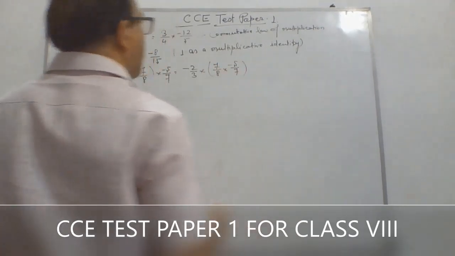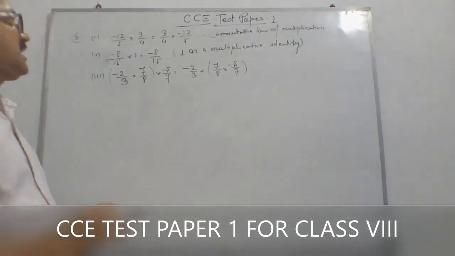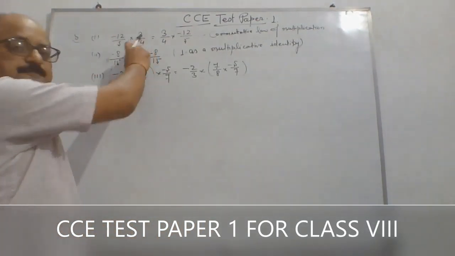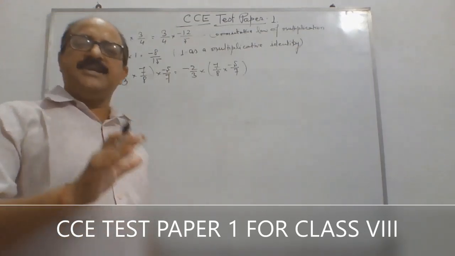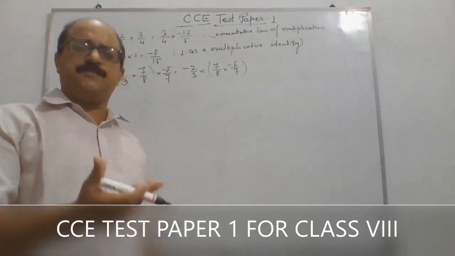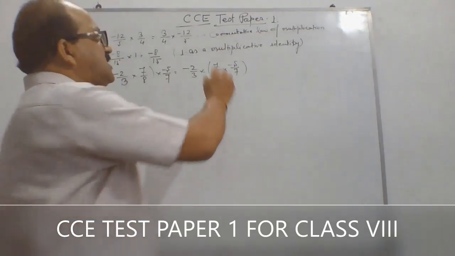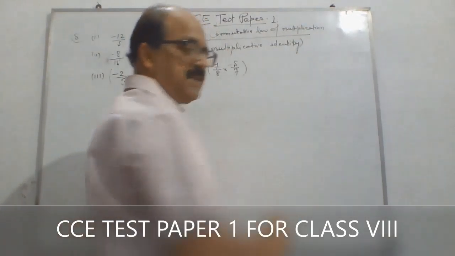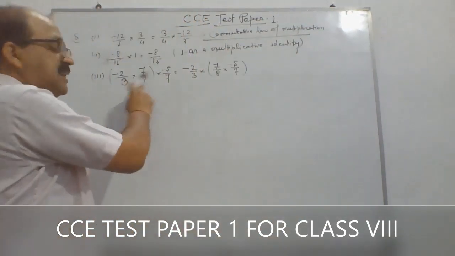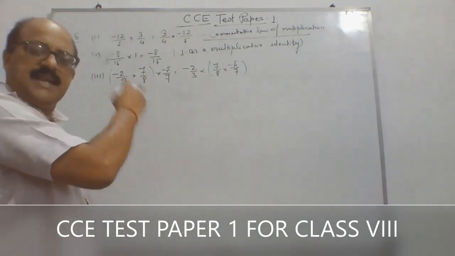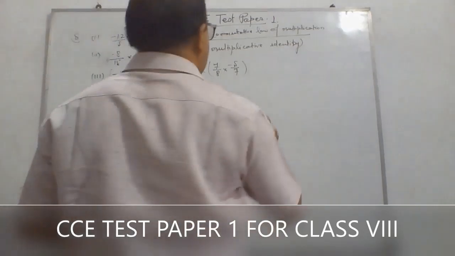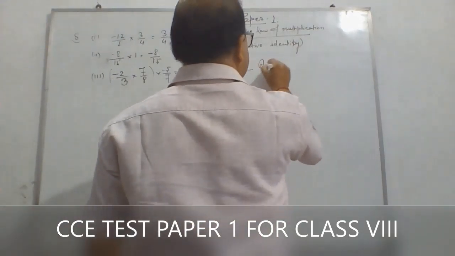This is the associative law of multiplication. Like the same, if two rational numbers are given and we arrange them in any order, this is called the commutative law of multiplication. When three rational numbers are given and they are arranged in any order, this is called the associative law of multiplication.